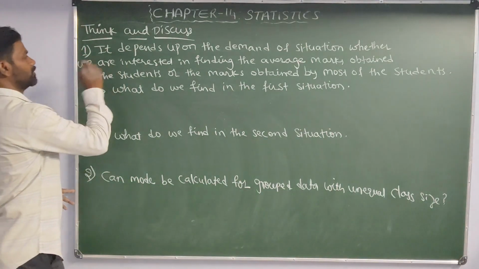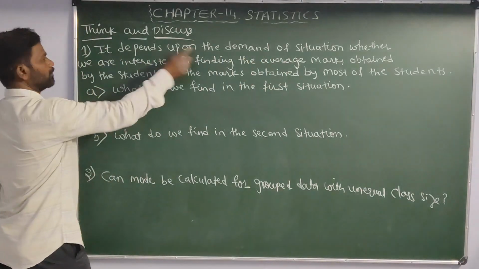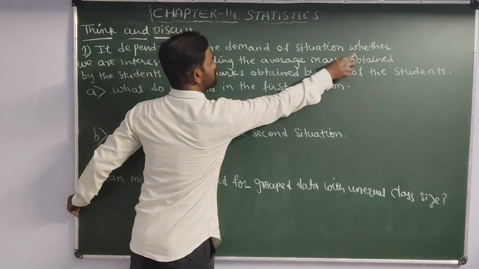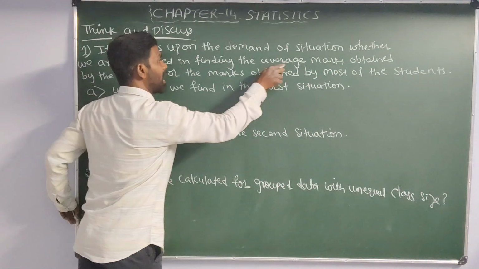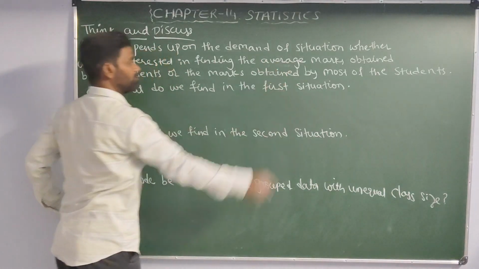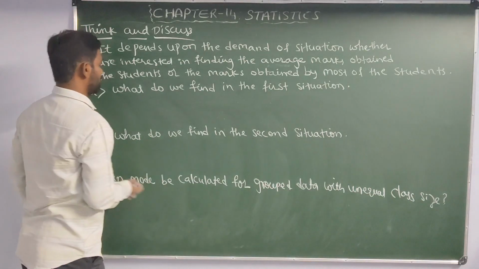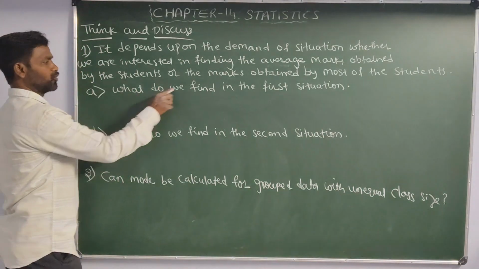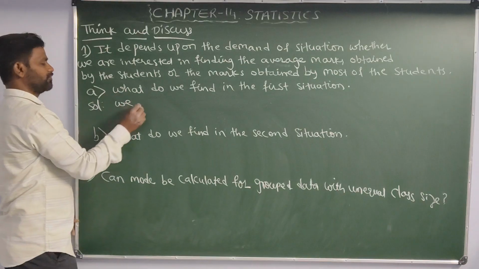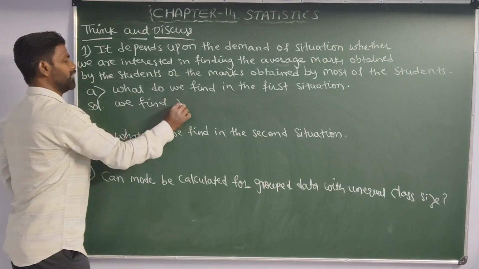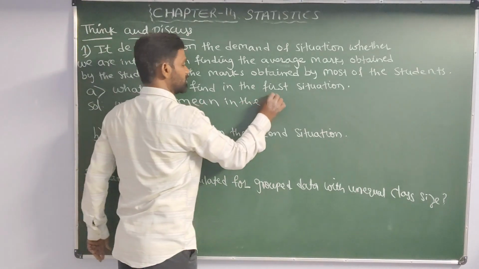Look here, the demand of this situation is whether we are interested in finding the average. So what is meant by average? Average is nothing but mean. So what do we find in the first situation? We find mean in the first situation.